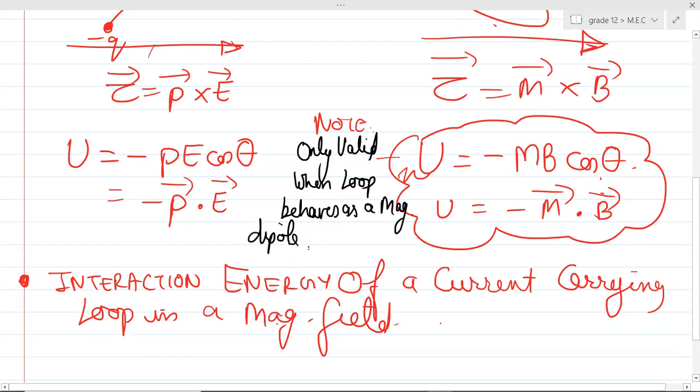And for that, the loop should be small. Generally, the loop or coil should be very small, guys. Is this clear?